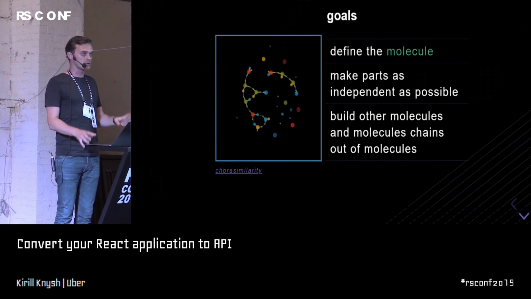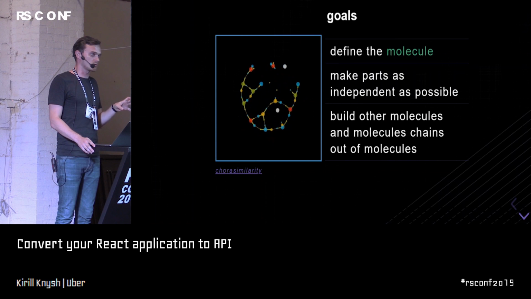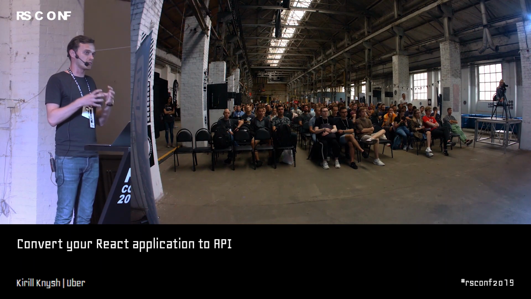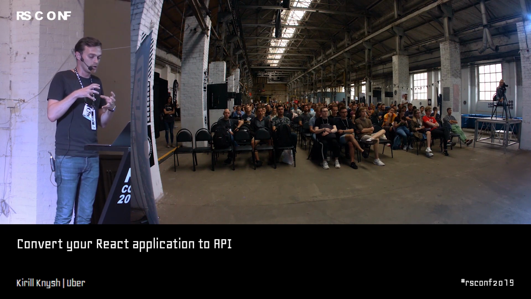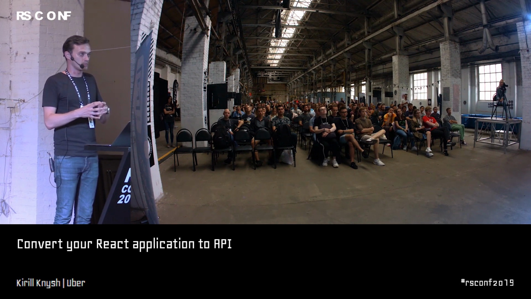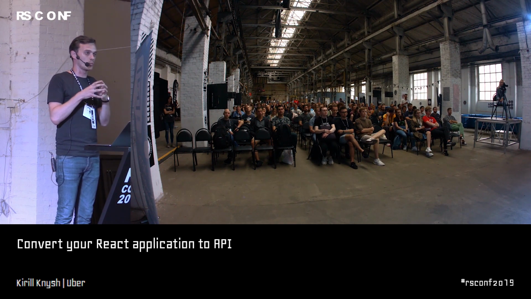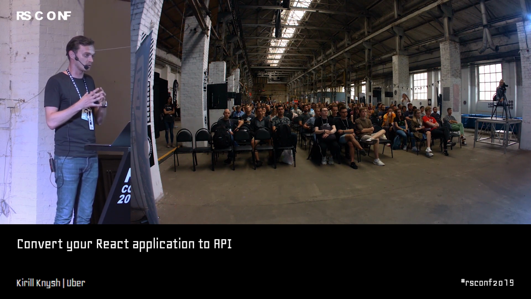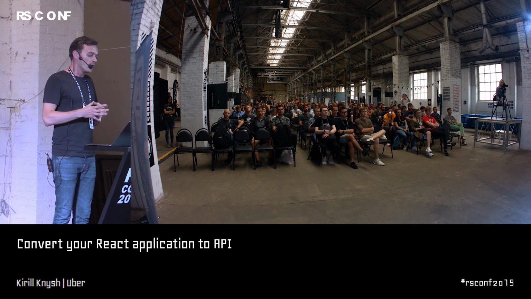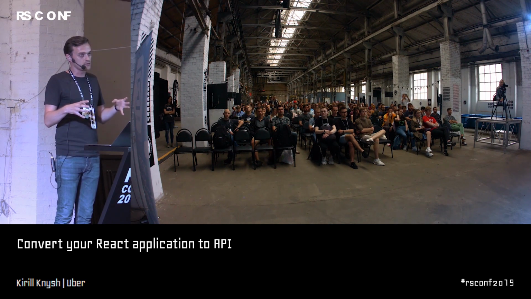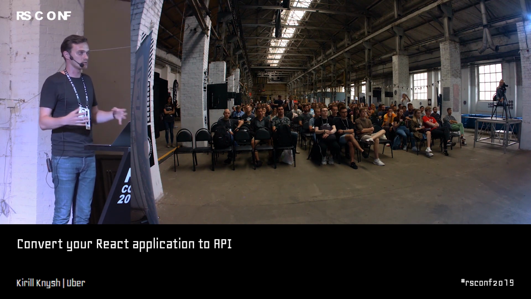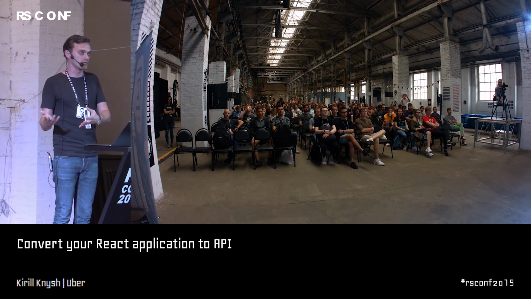We want to create a so-called molecule, the smallest piece of your logic, an independently developed component, the one that does exactly one thing, which is solely responsible for something easy. And out of these molecules, we want to build other molecules, or we want to build chains of molecules. That's what we actually call a flow.